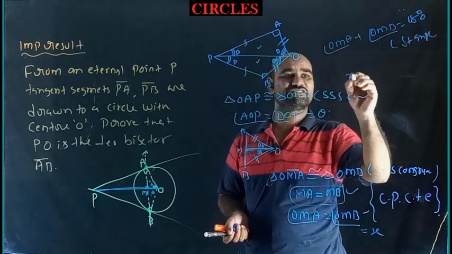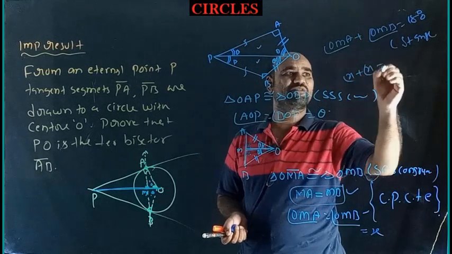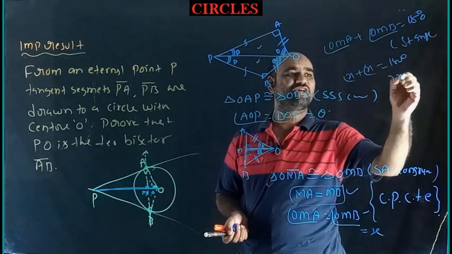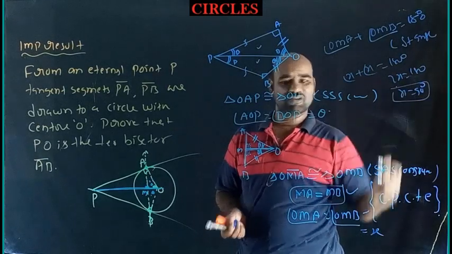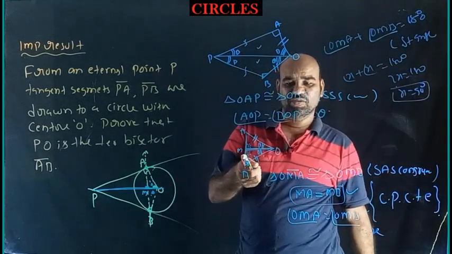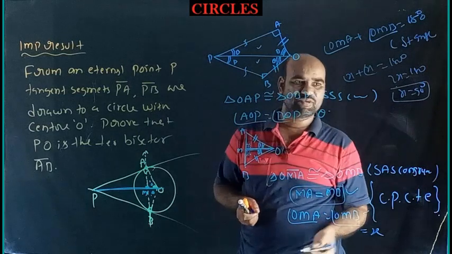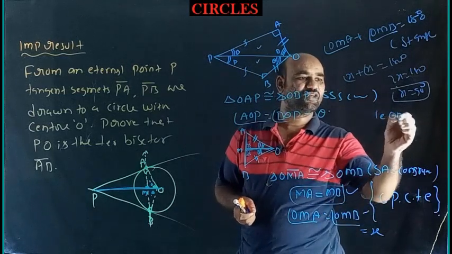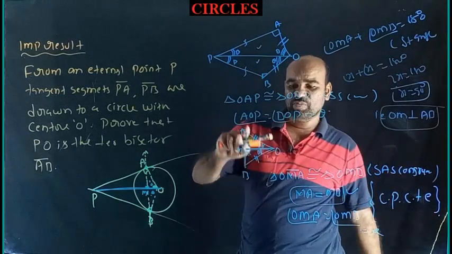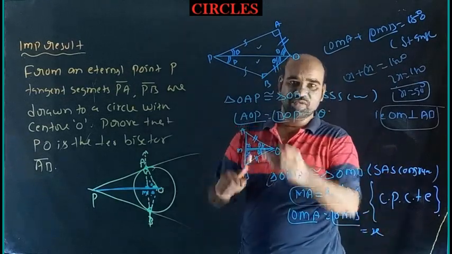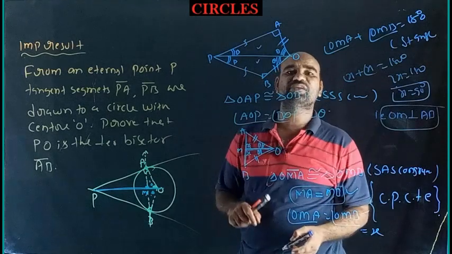This is angle X, that also X. X plus X equal to 180. 2X is equal to 180. X is equal to 90. X equal to 90 means what? This is 90, this is 90. Means OM is perpendicular to AB. Just now we proved M is the midpoint of AB. Now OM is perpendicular to AB means OM is a perpendicular bisector of AB.